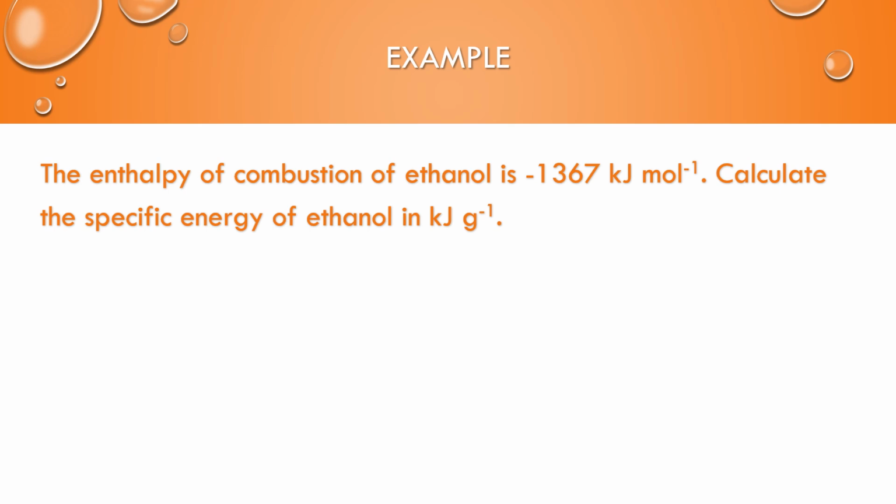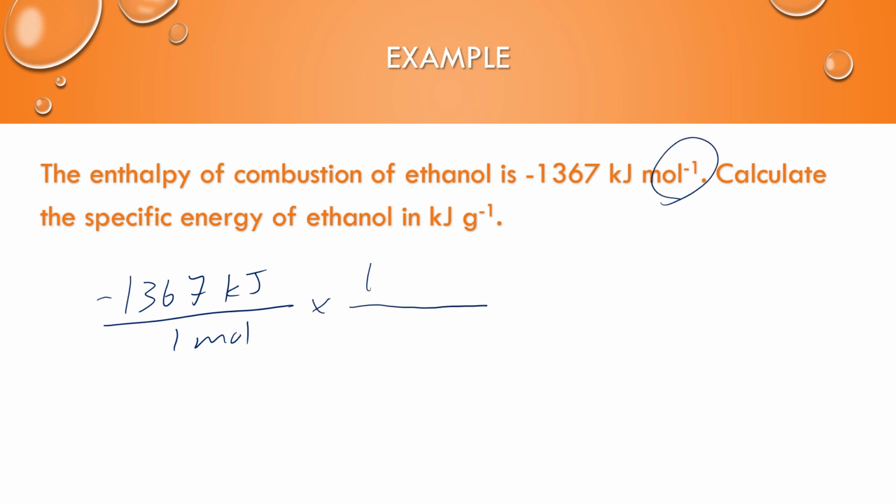Okay, so for this example, we have the enthalpy of combustion for ethanol is negative 1,367 kilojoules per mole. Calculate the specific energy of ethanol in kilojoules per gram. So if I've got 1,367 kilojoules per mole, okay, that's with the mole to the -1.